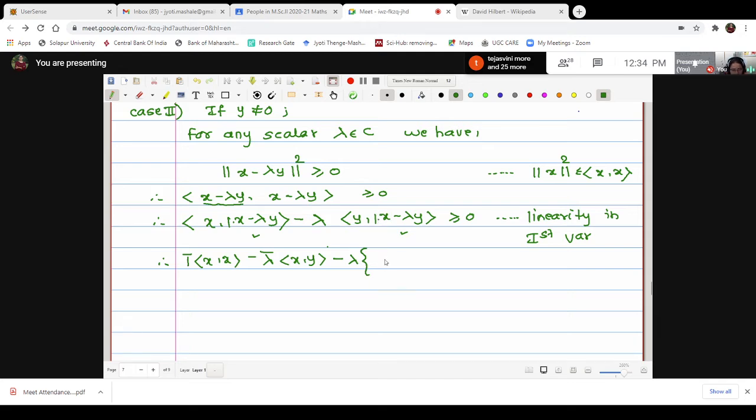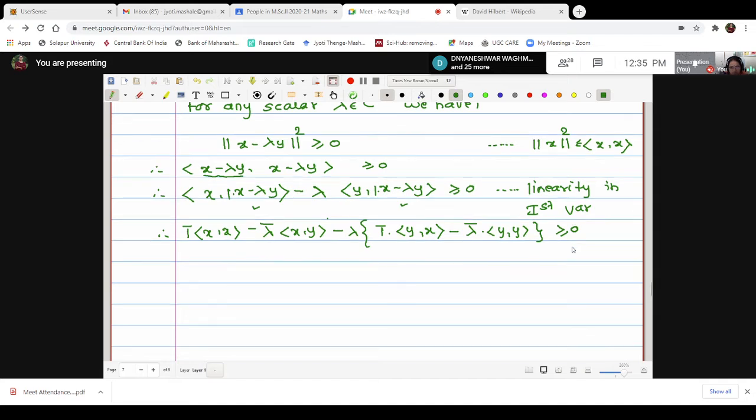Again the scalar 1 is taken out. Therefore this is 1 bar inner product y with x minus lambda bar inner product y with y, and everything is non-negative, is greater than or equal to 0. But 1 is a real number, therefore 1 bar is 1 itself, so there is no difference.